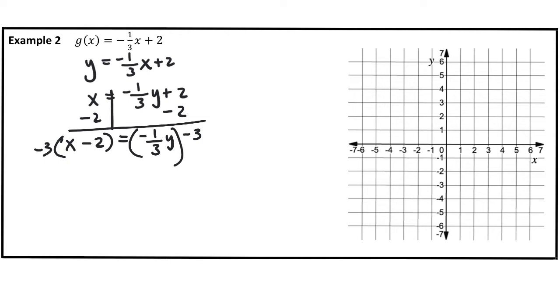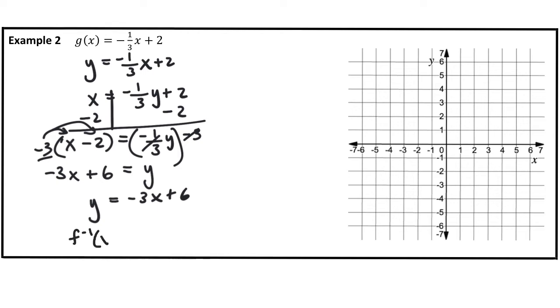So on the left here, I'm going to distribute, so negative 3 times x is negative 3x. Negative 3 times negative 2 is positive 6. The negative 3 and the negative 1/3 are going to cancel, leaving me with y. And I'm just going to rewrite it in the following way. Then I'm just going to write the inverse function is equal to negative 3x plus 6.